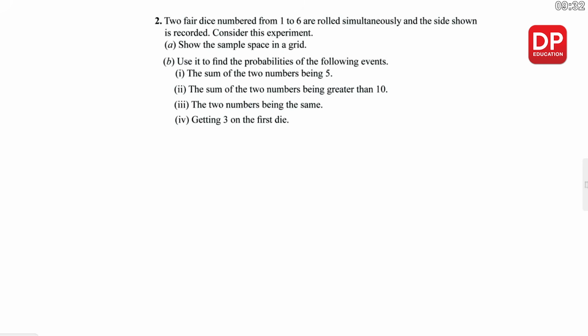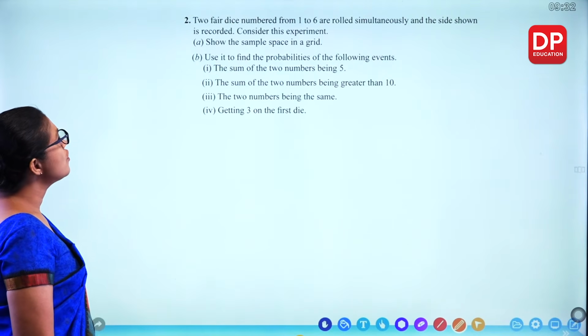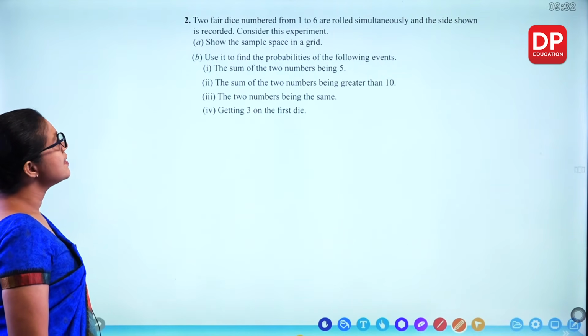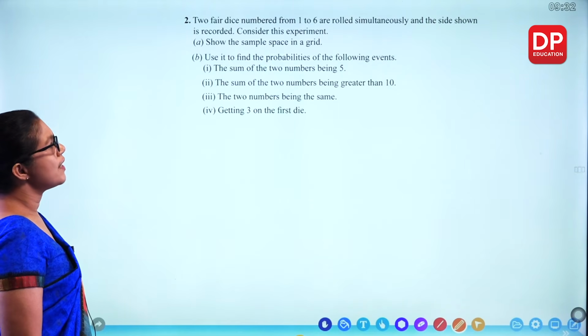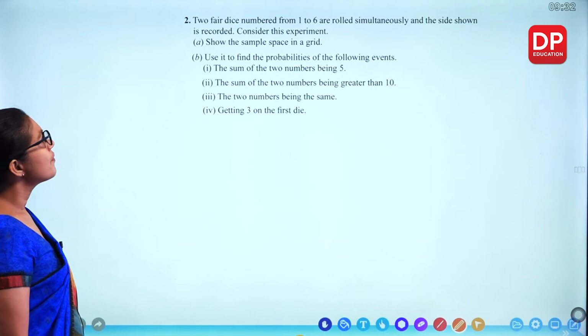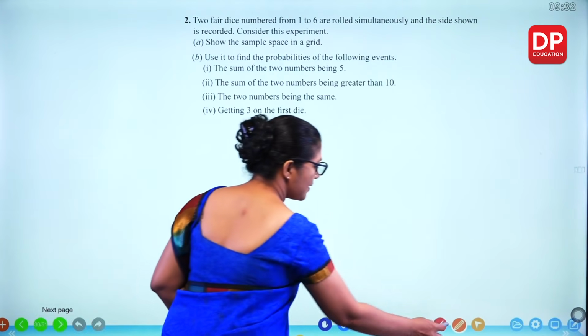Question number 2. 2 fair dice numbered from 1 to 6 are rolled simultaneously and the side shown is recorded. Consider this experiment. Show the sample space in a grid. Use it to find out the probabilities. So both are dice.